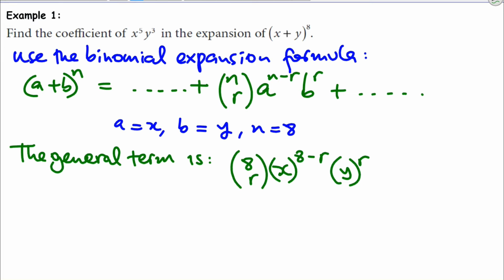We are trying to find the coefficient of x^5 y^3.